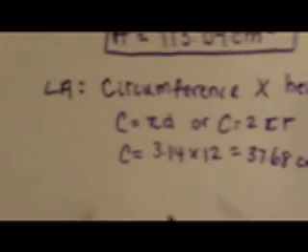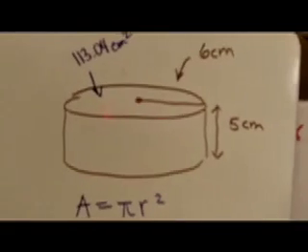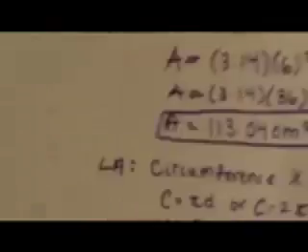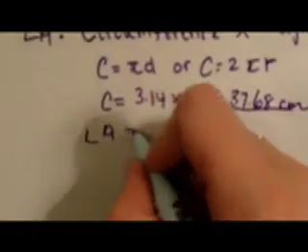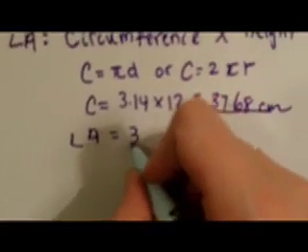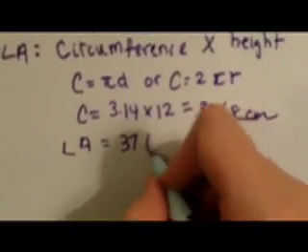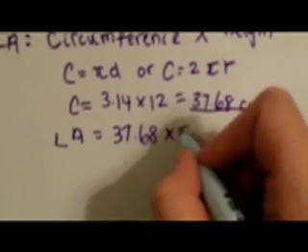To find the total lateral area, we have to multiply the circumference with the height of the original cylinder. We know the height is 5, so our lateral area is going to be equal to the circumference, which is 37.68, times 5.